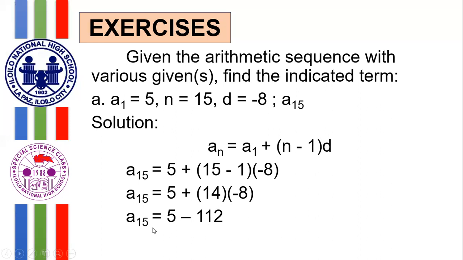So A sub 15 is 5 minus 112, which gives you -107. So if you're going to list or follow the pattern of this arithmetic sequence, the 15th number that you will list is -107. I hope you got it.